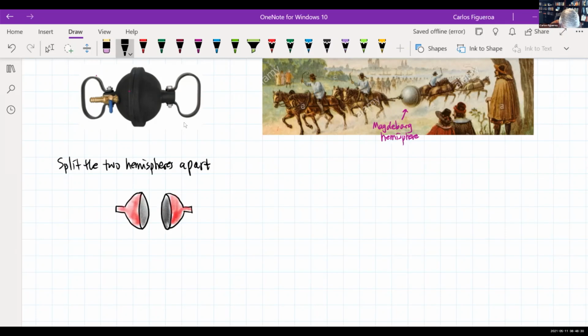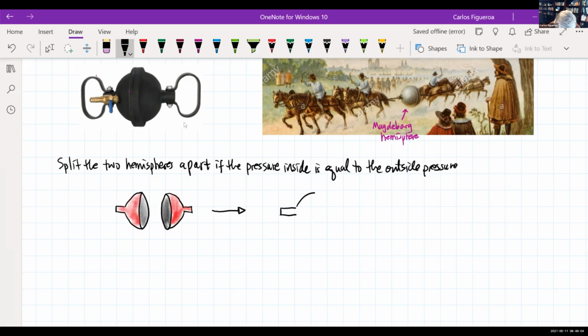So you can split the two hemispheres apart if the pressure inside is equal to the outside pressure. And so it's open to the air. Okay, so what you're seeing here is that picture-wise, it goes like this here. So what do I mean by picture-wise? Picture-wise, imagine that I now put them together.